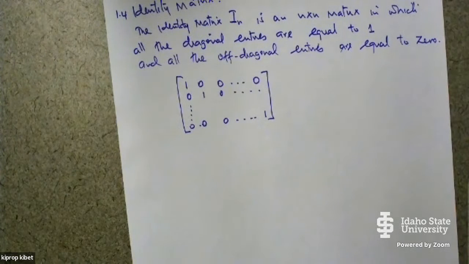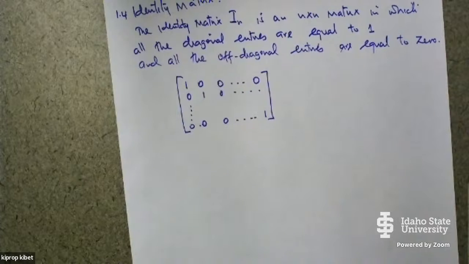So the diagonal entries, from the first to the last, are 1. The others are zeros.